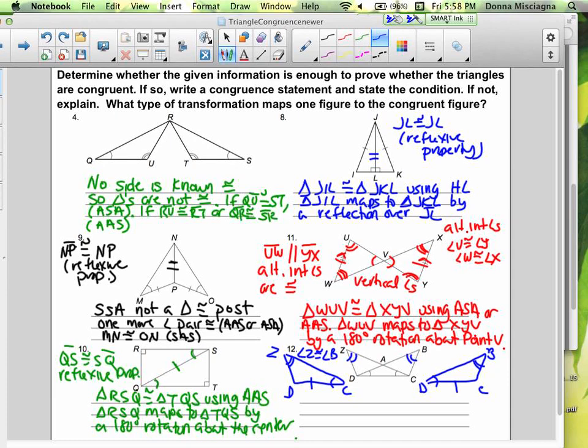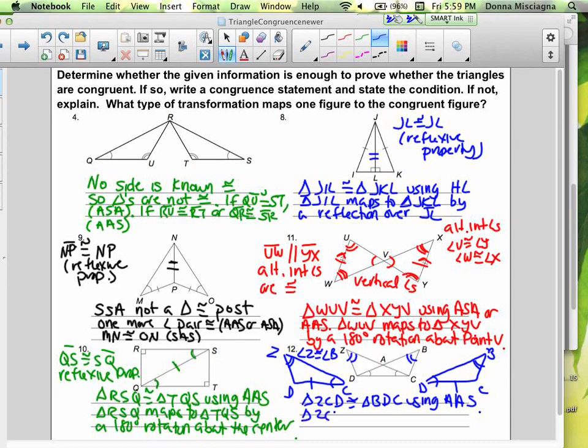And if that's true, then triangle ZCD is congruent to triangle BDC using angle, angle, side. By the way, you don't get to do that on a problem on the homework. Only I get to do that on a problem.